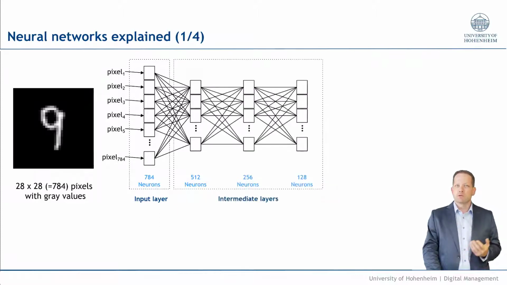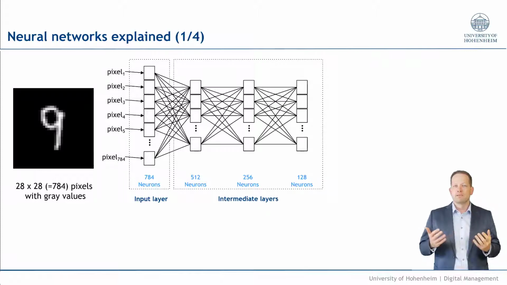And we don't only have the second layer, we might in this example have two further intermediate layers. So with the input layer, we have a series of intermediate layers, and as you see here, in this example, these intermediate layers become leaner and leaner, from 512 to 256 to 128 neurons.